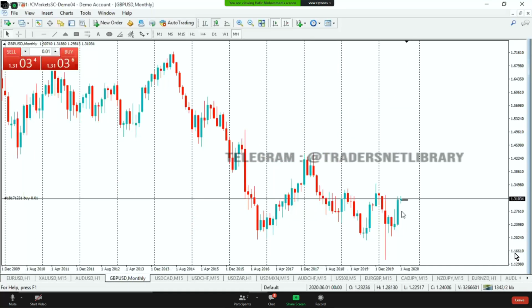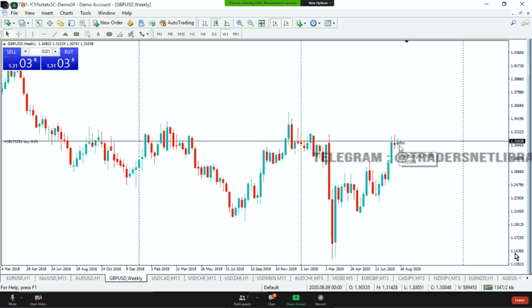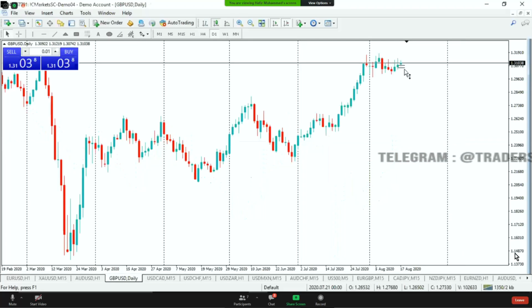What's on the monthly? It's a bullish candle, right? Green. What's last week's candle? Green, right? What's last day's candle? It's green, right?